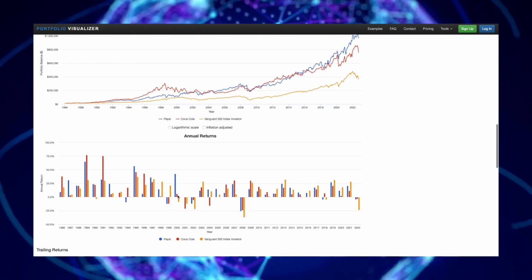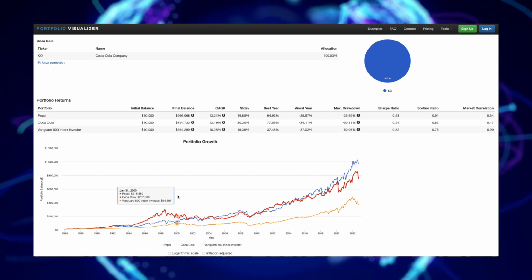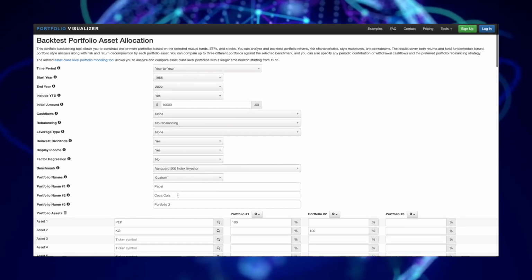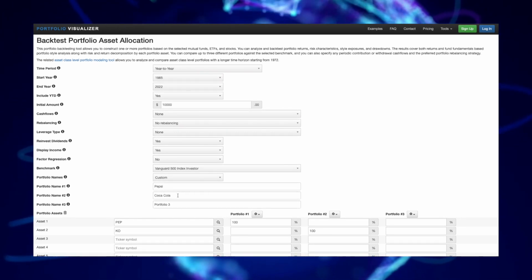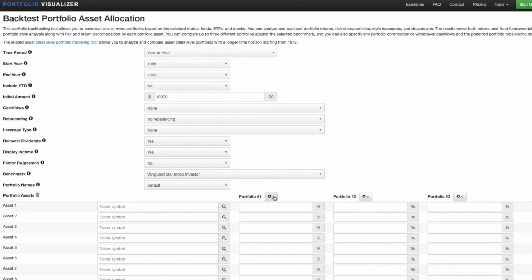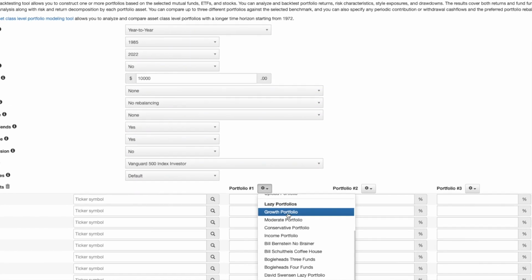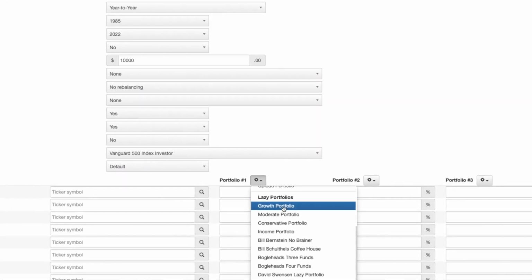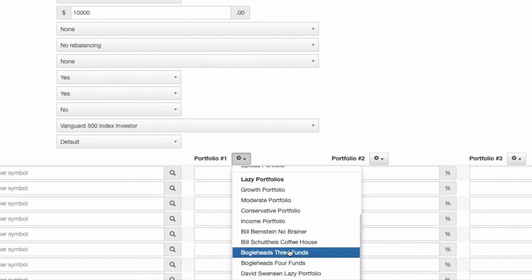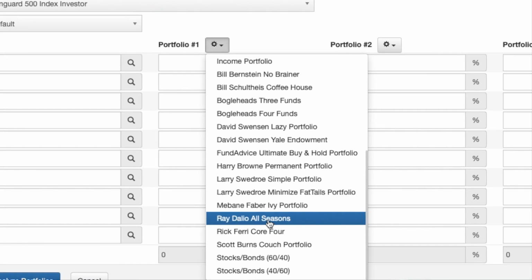Let's just see, what should we take? Let's try to look at some of the other great features that this portfolio visualizer has. When we look here at the portfolio where we put in the percentage, they built in a really, really neat function. You can click on the tab and you can see some preloaded portfolios. For instance, the good old, well-known Ray Dalio all-weather, all-seasons portfolio. Actually, it's called the all-weather portfolio. I don't know why they call it all seasons.